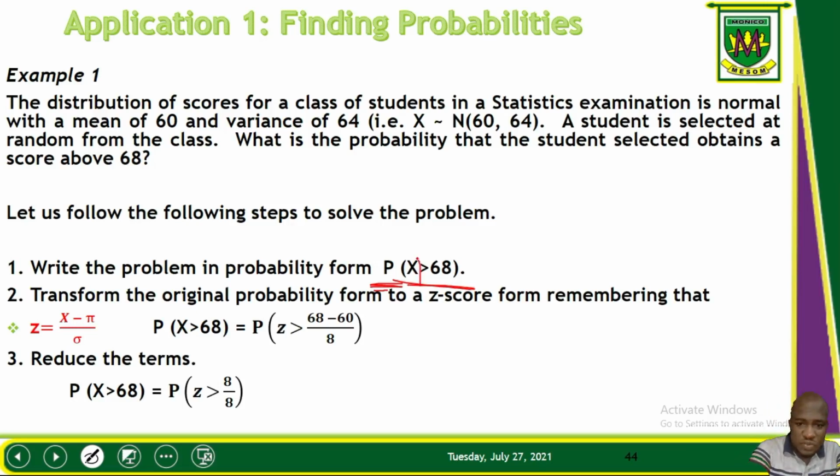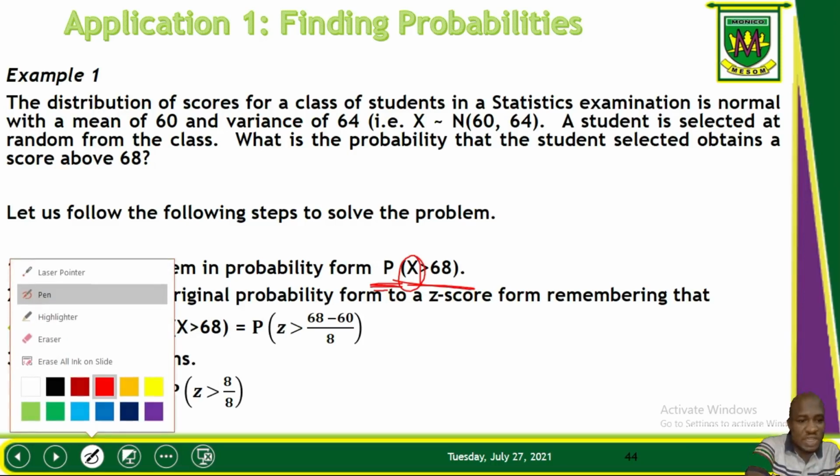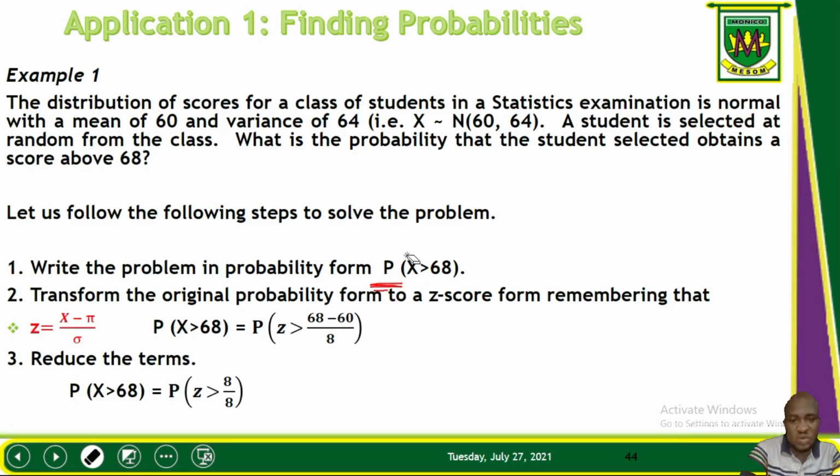So we want to know the chance of selecting any of the students who scored above 68. So X is greater than 68. The student who was selected is likely to score above 68. That is our prediction. So this is how we write the problem in probability form.